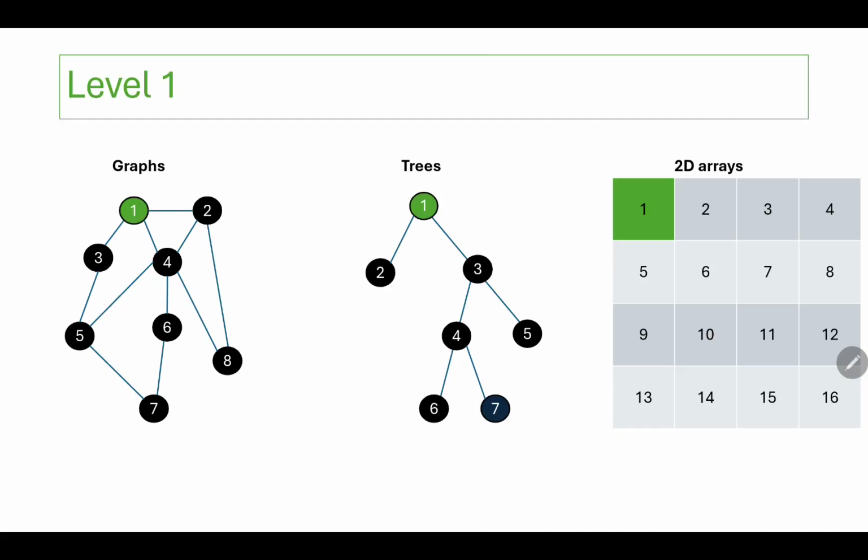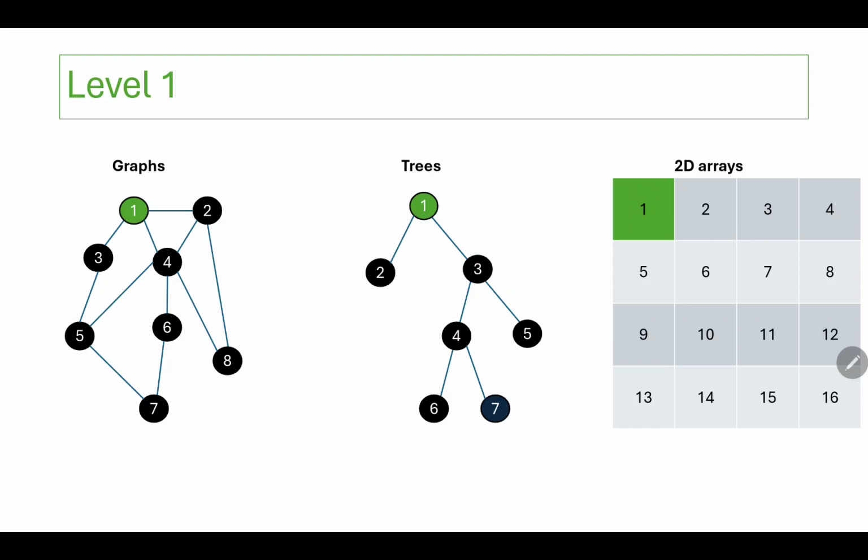So here we're going to explore what a level means in breadth-first search. Right here, level 1 is going to be the root node. Just like in a graph and tree, node 1 is the level 1 node.